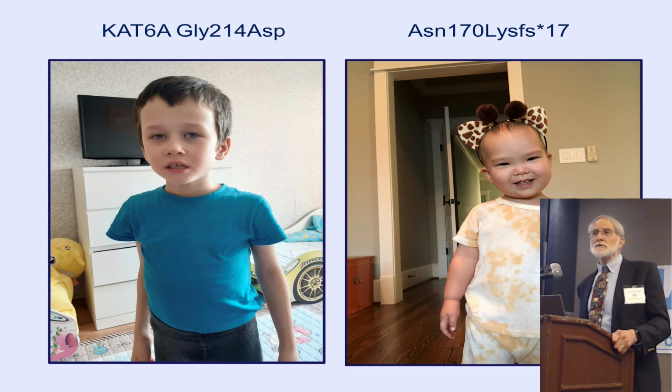I think any parent here would say these do not look like typical KAT6A children. They don't have microcephaly. They in fact have normal size to slightly large heads. They have this tall forehead, and they don't have malformations, or at least I haven't heard of any yet.